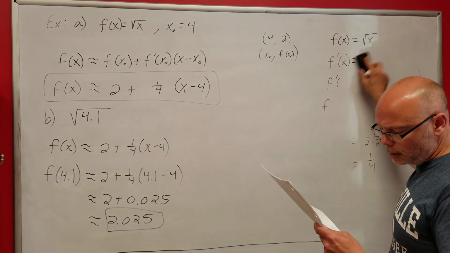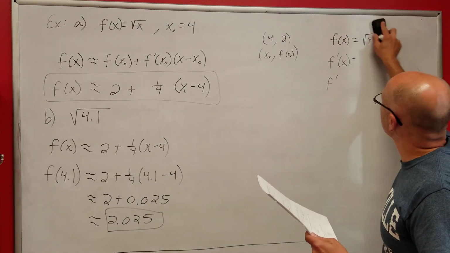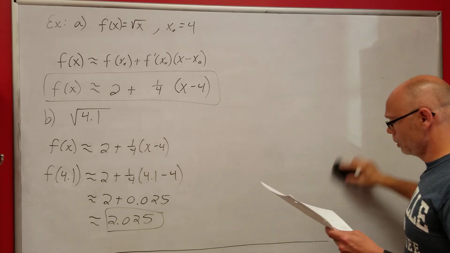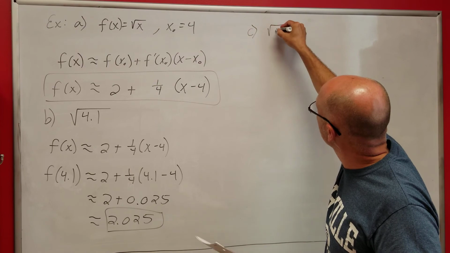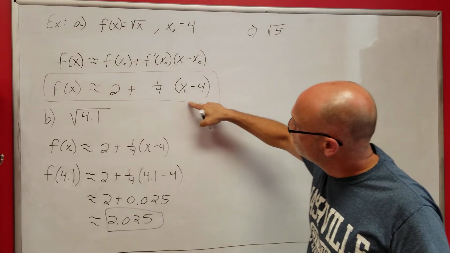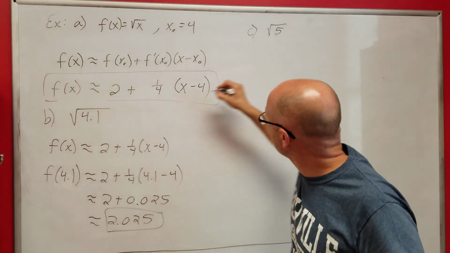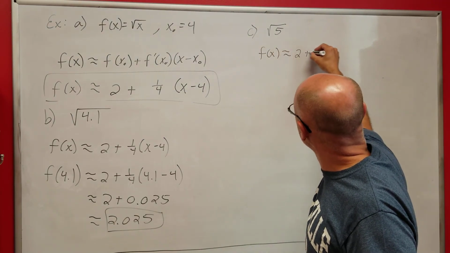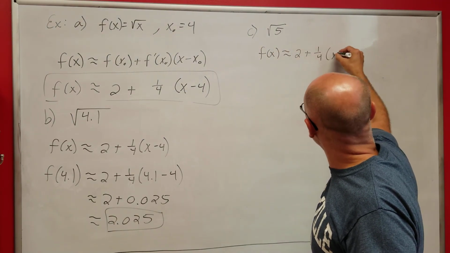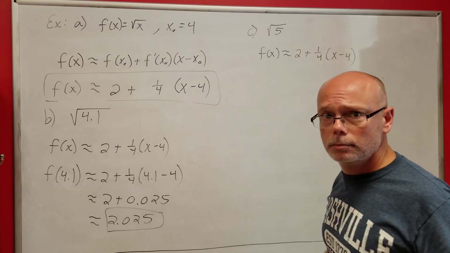All right, let's look at C. Use part A to approximate the square root of 5. So I'm going to use what I found here, my local linear approximation. f of x is approximately 2 plus 1/4 times x minus 4.